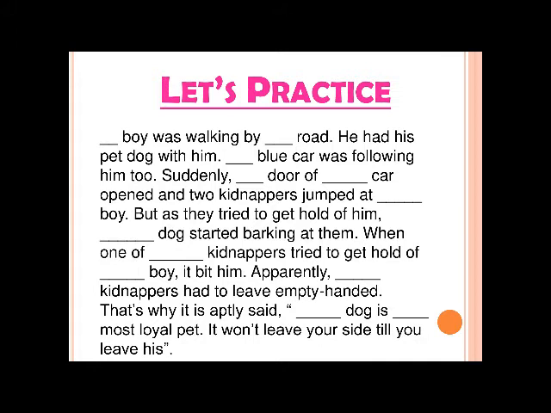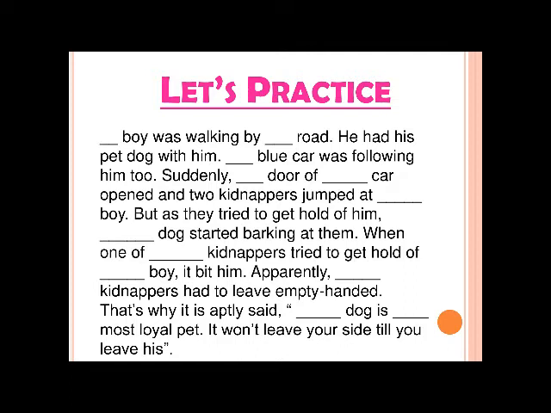Suddenly, a door of the car opened and two kidnappers jumped at the boy. Now look, in these three dashes, in the first dash, I have used a door of the car. A door because the door has been mentioned for the first time, and also I'm not talking about any specific door. Okay, so a door of the car.